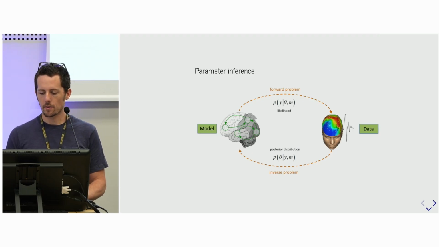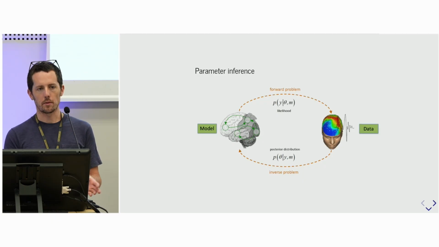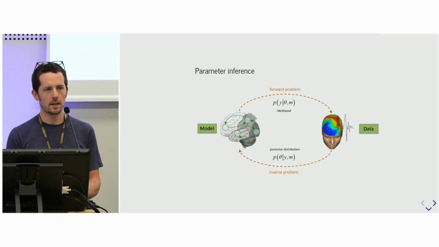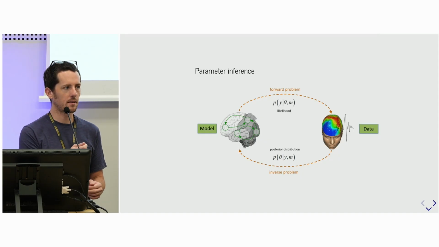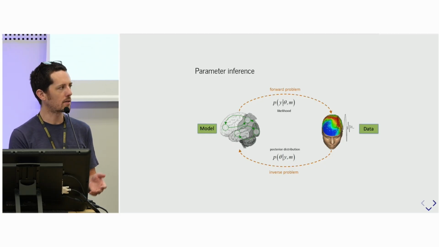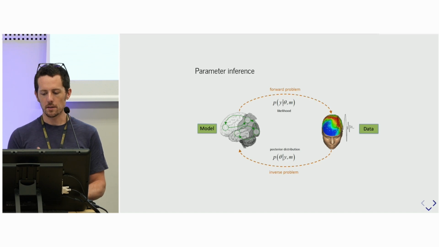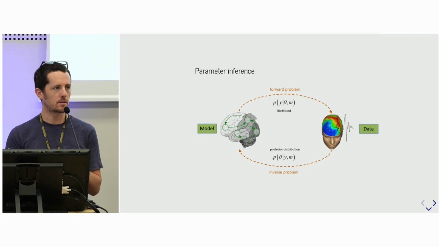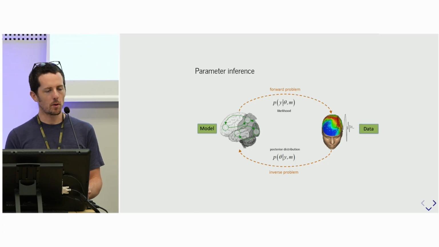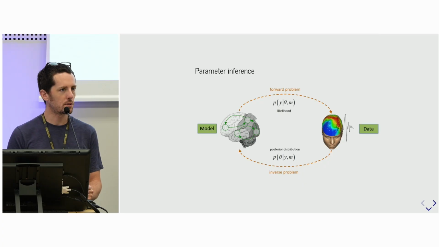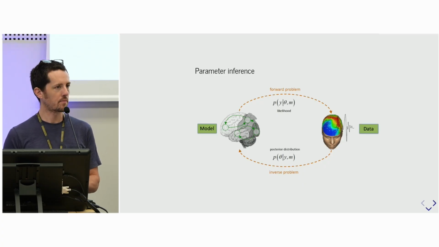For about 10 years, we have been working more and more on doing proper inference with TVB models. That means that instead of just trying to guess the parameters that make the simulated data look like the empirical data, we use Bayesian techniques to invert the model and identify what distribution over the parameters is consistent with the empirical data. There's a small but important point there: optimization and Bayesian inference don't do the same thing.